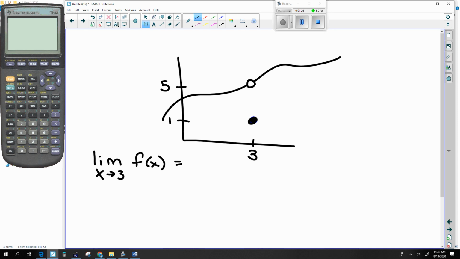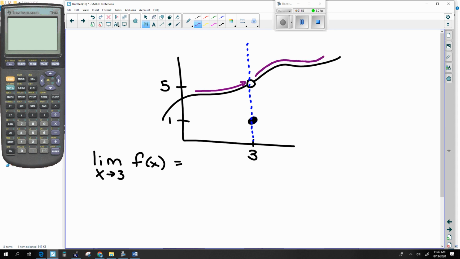And so again, it doesn't matter. What a limit implies is, what do the lines tell you? And so as I go to 3, what does the line to the left of the 3 say? And here is the line, and the line is saying that. What does the line to the right of 3 say?